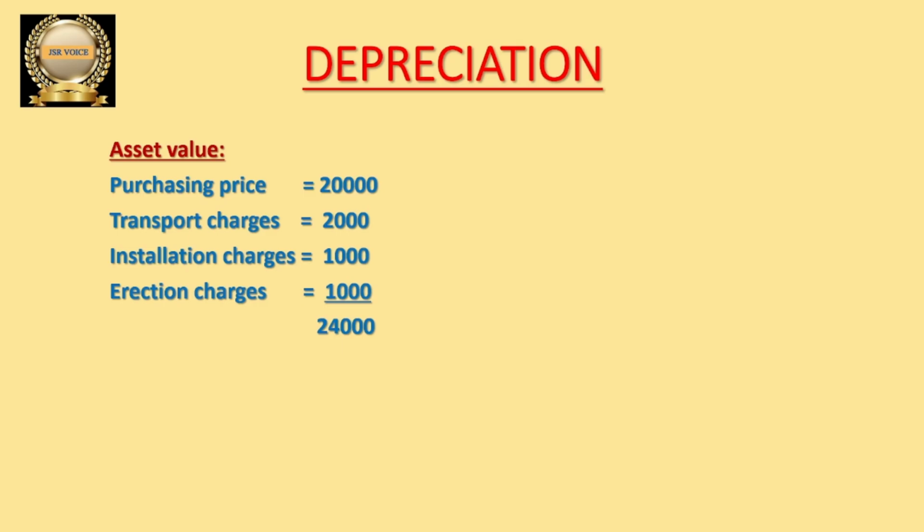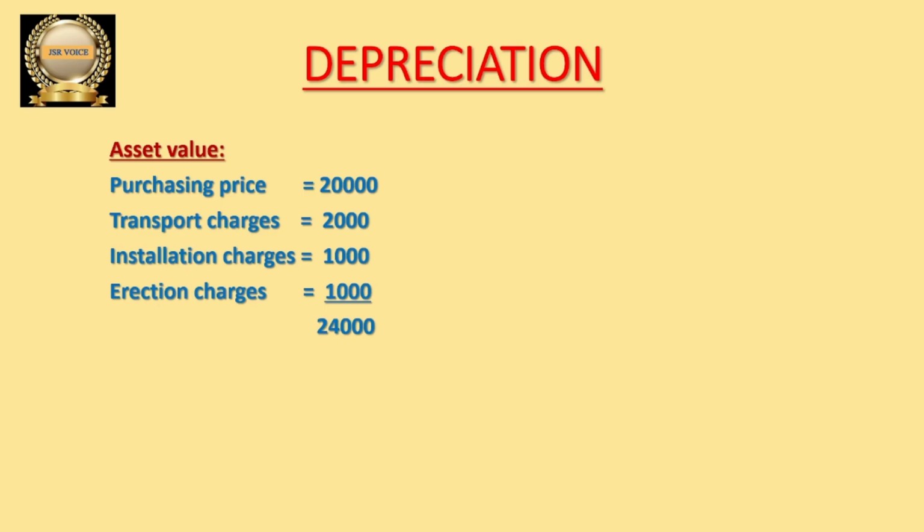All this should be added to get the asset value. So the total of 24,000 is the asset value here. Before starting production on the machine, whatever expenses we incur are all part of the asset value. All of those should be added to the purchasing price. Then only we get the asset value.